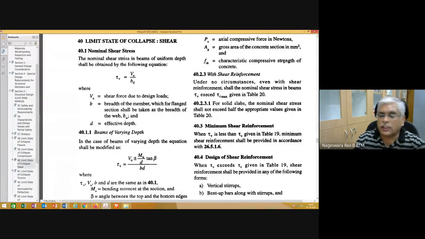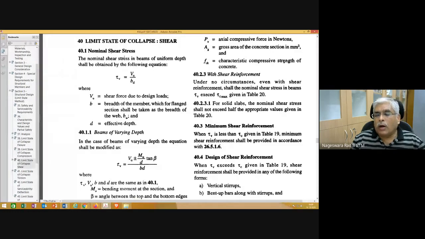How is the shear stress distribution going to be across the depth for a rectangular section? Please go back to your mechanics of materials and revise those concepts before you come for tomorrow's class.